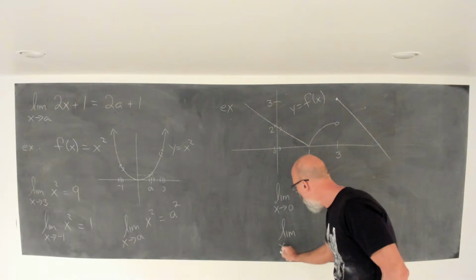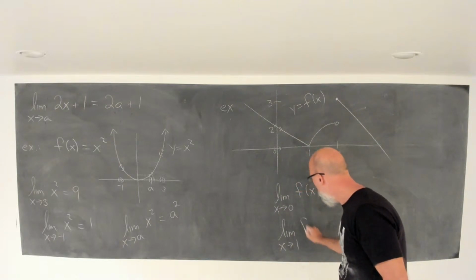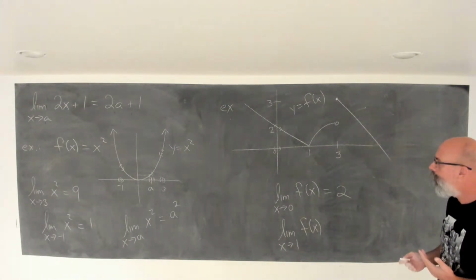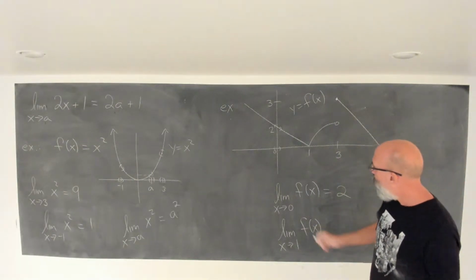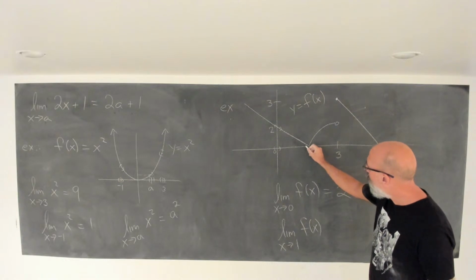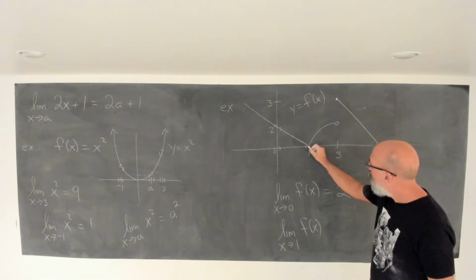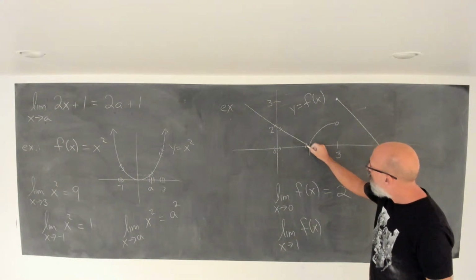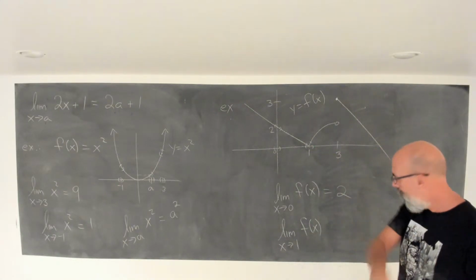What is the limit as x goes to 1? How does this function behave as x approaches 1? Well, 1 is right here. And if you're taking values very close to 1, these values are very close to 0.